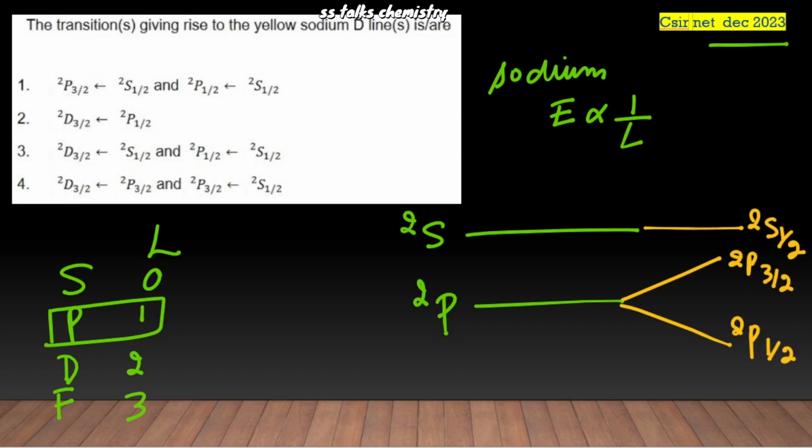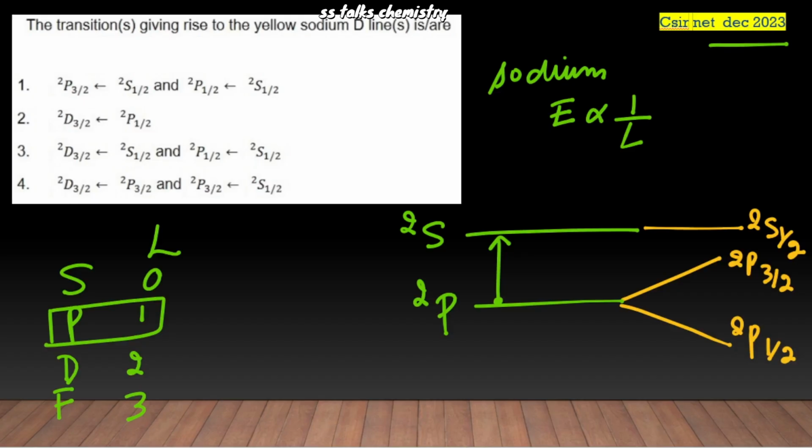Now when we obtain these yellow sodium lines, suppose the sodium atom was over here, it showed excitation. After the absorption, the excited state is going to be unstable, it comes back, and during that it shows fluorescence, and the yellow lines are emitted.